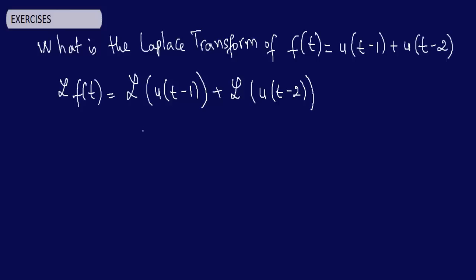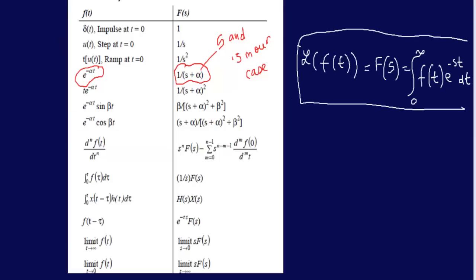So I've noticed that they don't necessarily have this one in the table. The only thing they have is step at t equals 0, and they have equals 1 over s. But just so you know, we did this in class actually.